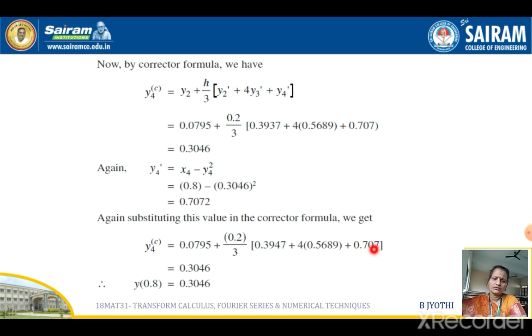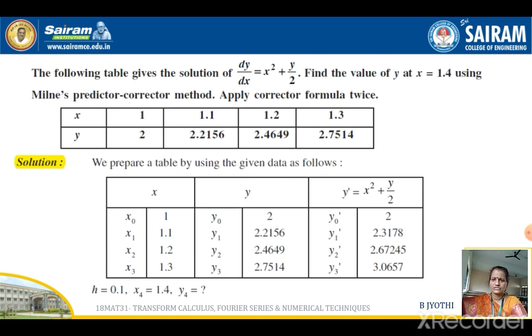So f of xy is x plus y and f of x0 and y0 is given by 0.1 plus 1.11, which gives us 1.21. Therefore, x1 is x0 plus h, which is given by 0.2, then h is 0.1.